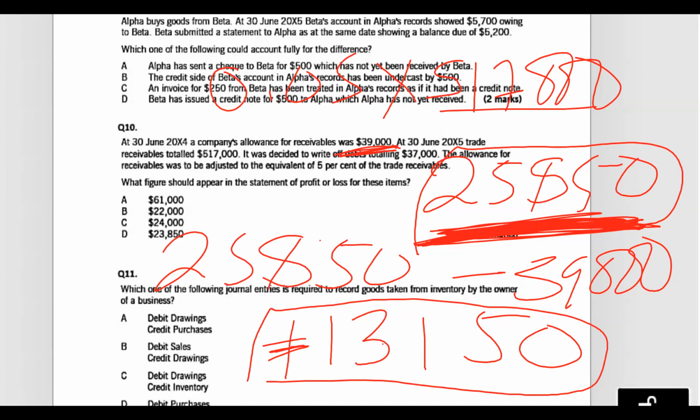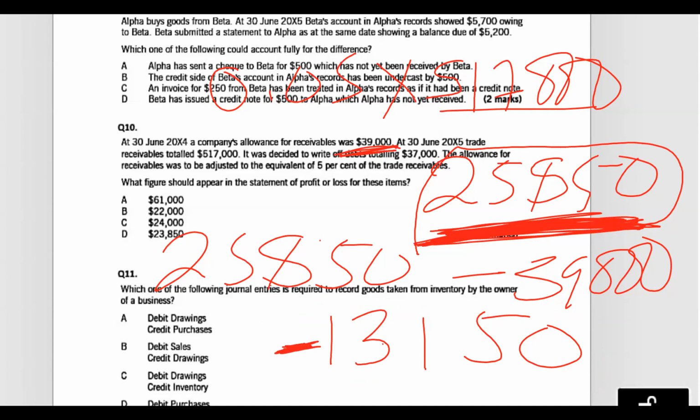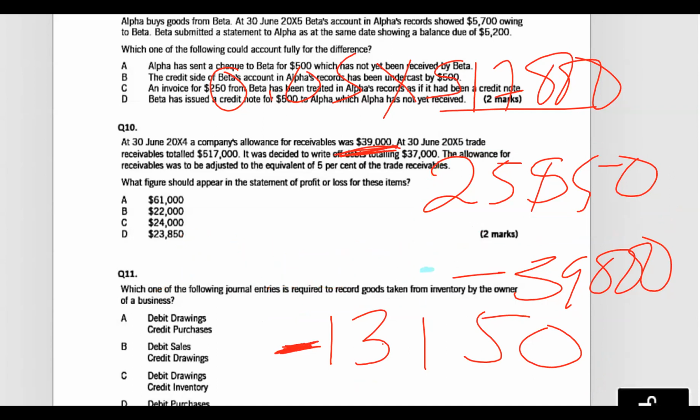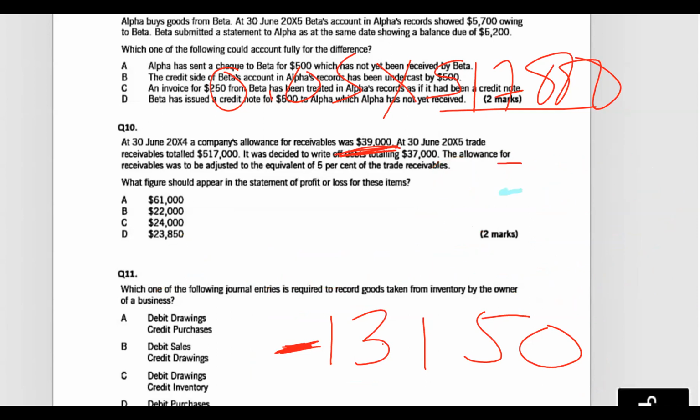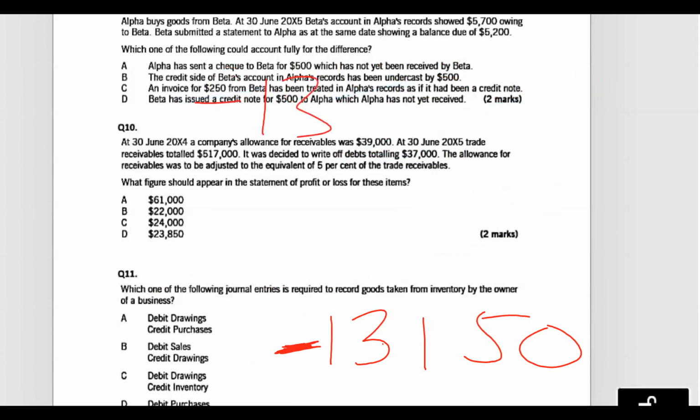Yes, sir. Okay. So you have this negative. This is now the decrease in the bad debt, or rather the decrease in allowance for receivables. So this amount that you have now is your new allowance for receivables. You add it with the bad debt themselves, because you are checking what should appear in the profit and loss account.